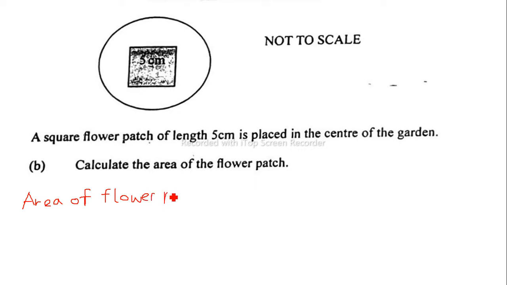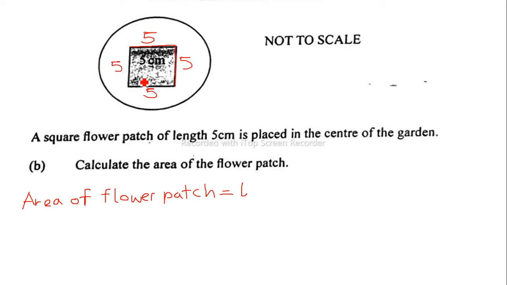The same. They're even, right? The area of the flower patch is going to be equal to the length multiplied by the width. We know that if one side is 5, the next side is 5, and the next side is 5. This is a square, right? And the next side is 5.